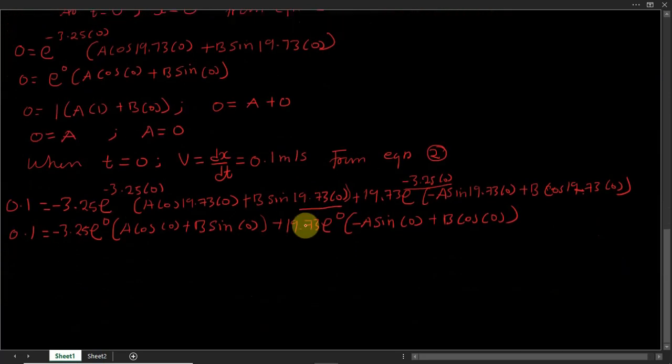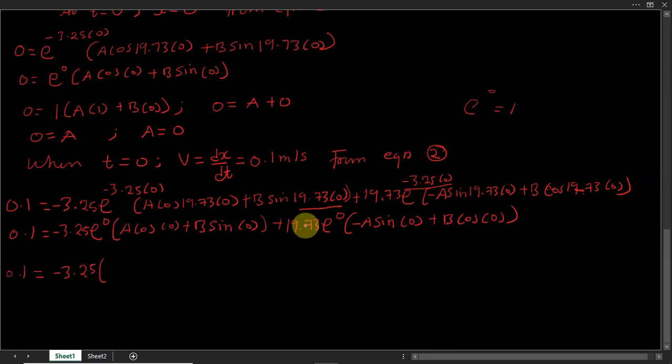Now with this equation we get 0.1 giving us e raised to power 0, which we know to be 1. Then 1 times negative 3.25 will give us the same negative 3.25, right?